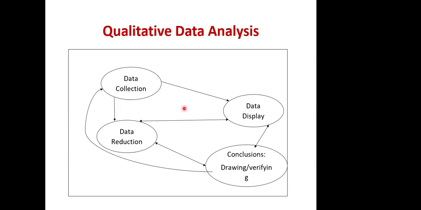Before that, let me explain this particular process. I'm repeating, this is Miles and Huberman, who presented this particular framework of data analysis. I'll start from the first step. Before that, of course, have a close look at this particular diagram.